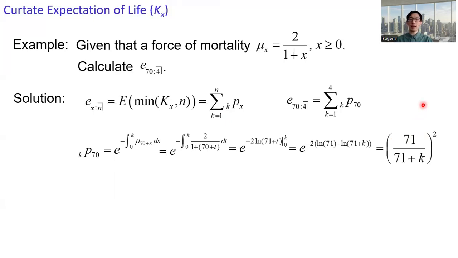Once we get kp70, then the rest is straightforward. The summation of kp70 for k equals 1 to 4. And then we simply plug in the expression for kp70 for k equals 1, 2, 3, and 4 respectively.